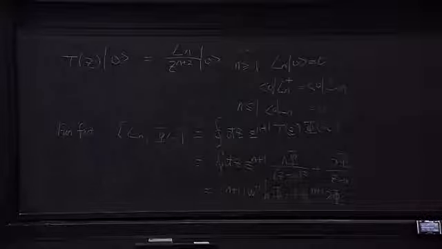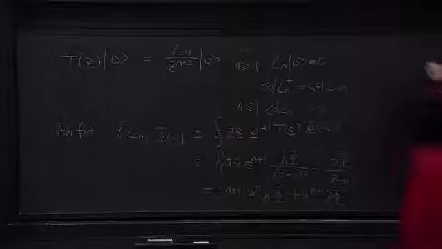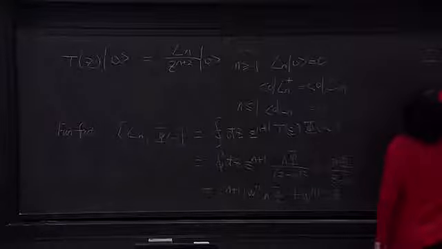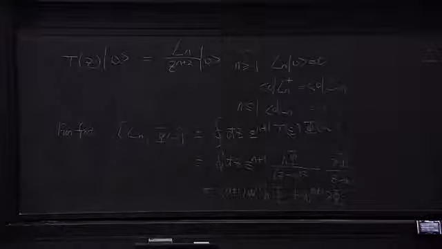Now I can ask what happens if I act on the in state we just built. So I bring the operator to the origin, act on 0, and produce a state. Now the question is, if I apply all these L generators on the state, what do I get?